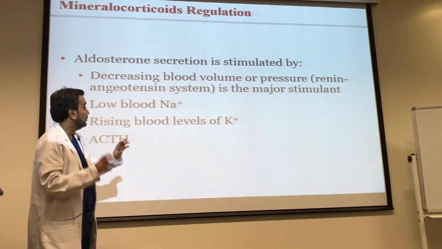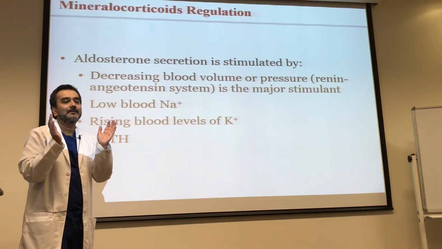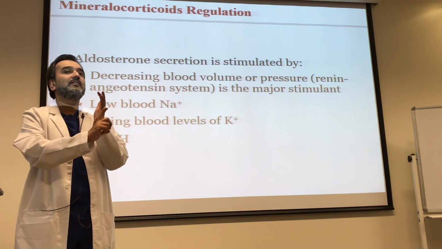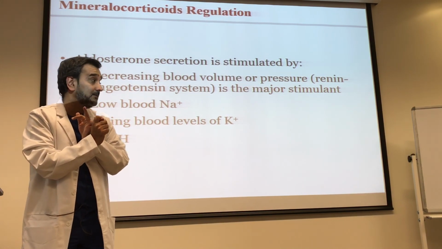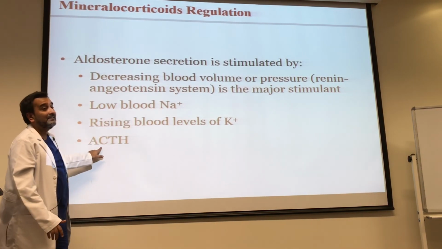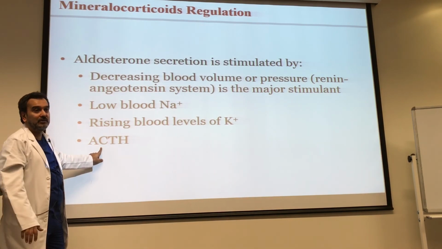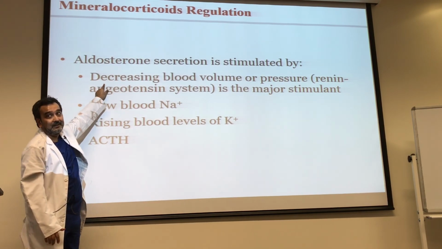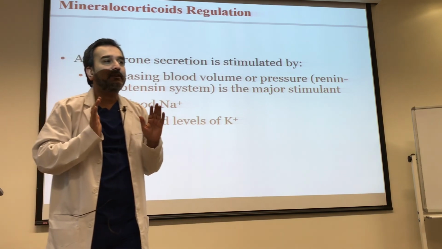So the two important factors which regulate aldosterone secretion are the extracellular fluid volume and the serum potassium levels. Sodium levels can also affect it, and ACTH also has a role because it is important in the synthesis of cholesterol desmolase, but the major ones are extracellular fluid volume and changes in serum potassium levels.